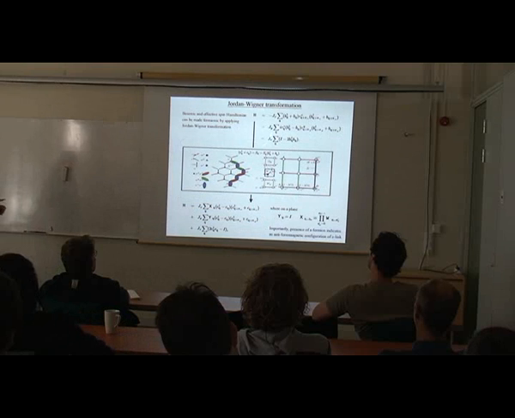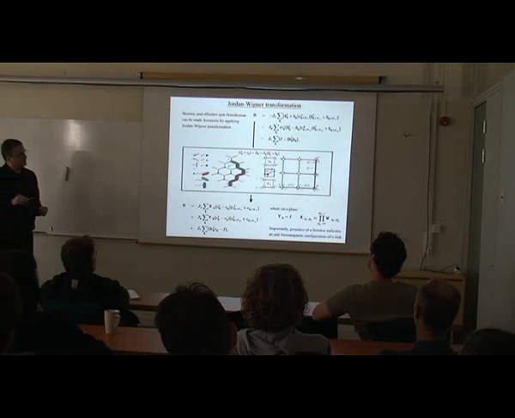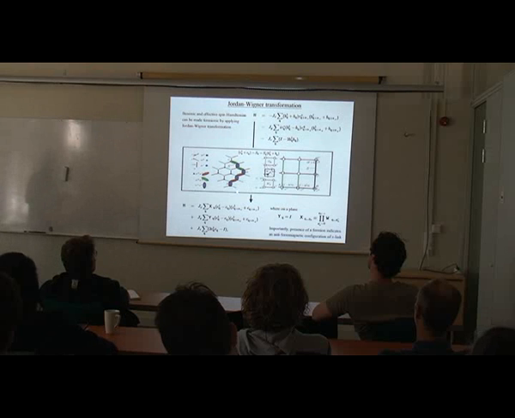But then we want to fermionize it. So we want to attach fermions to this model. And the way to do it, we can explore the string operators, which we know are fermionic operators.